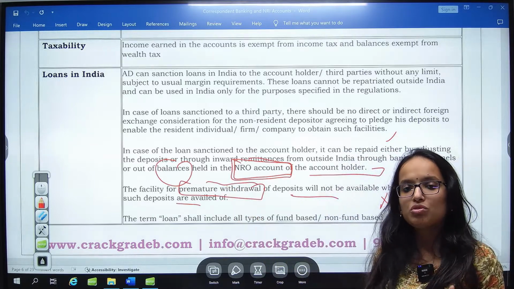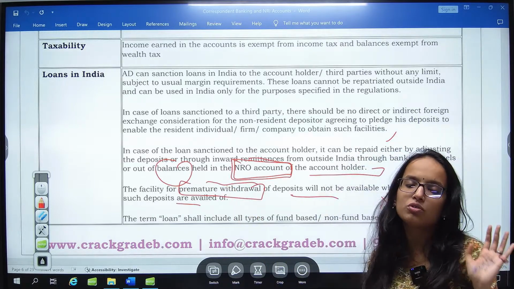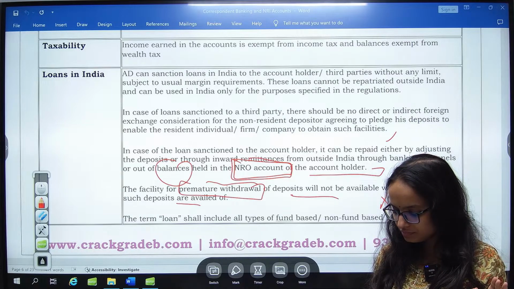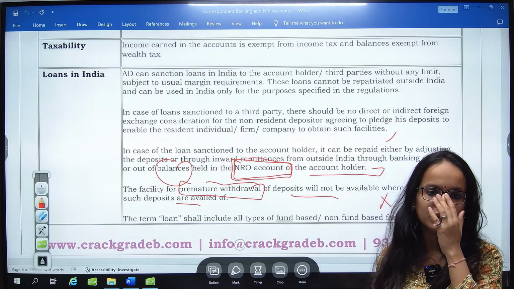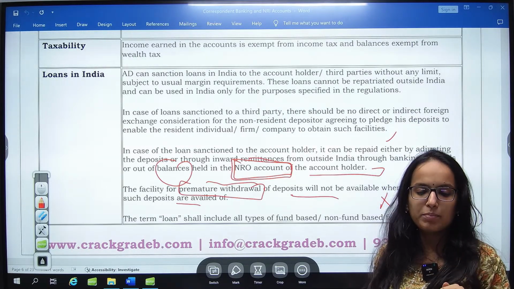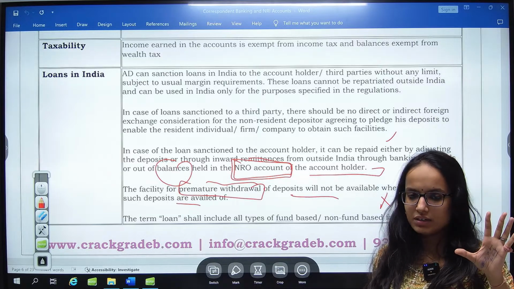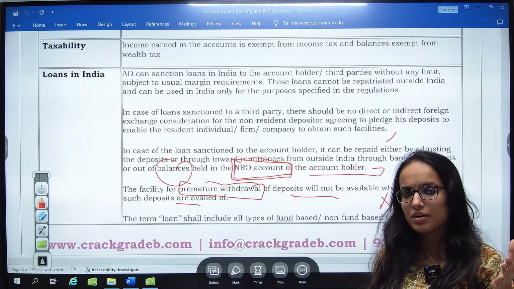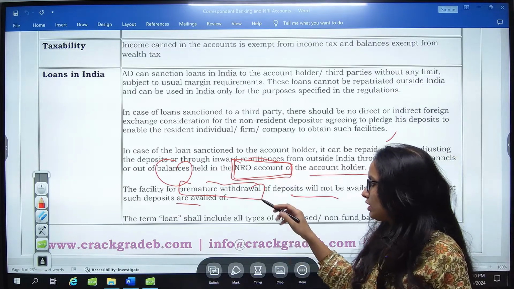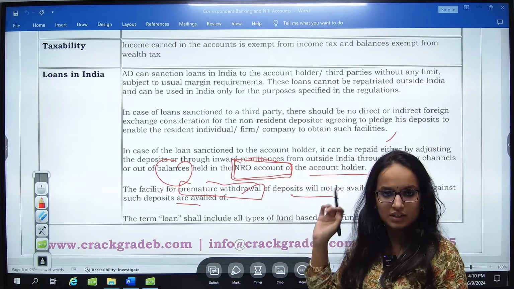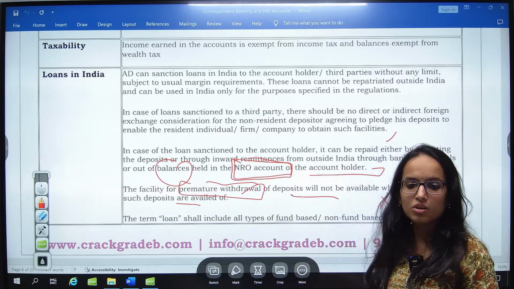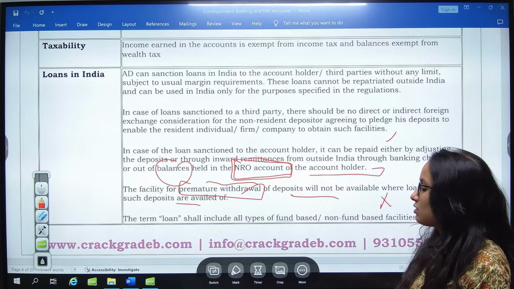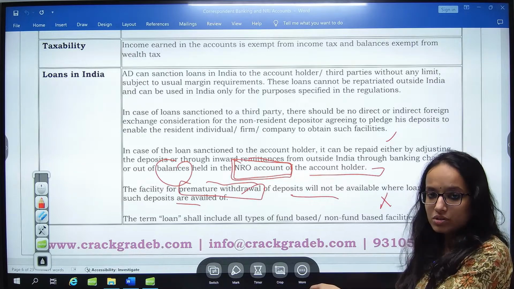You will have to adhere to the time limit to withdraw your funds. Getting my point? Are you able to understand this? Okay, so you just have to remember that these facilities are not there, these are there, right? So premature withdrawal is not allowed when you are taking a loan against these deposits.